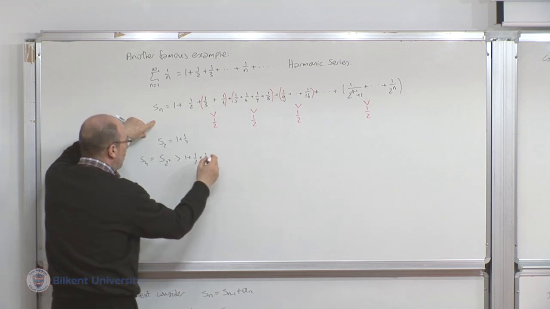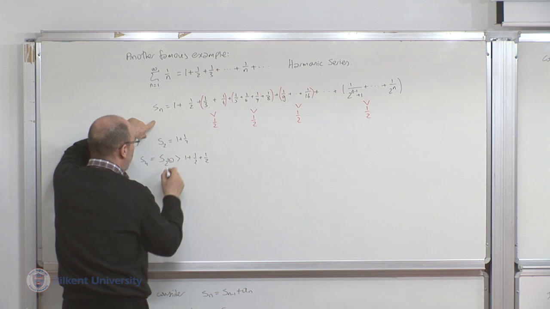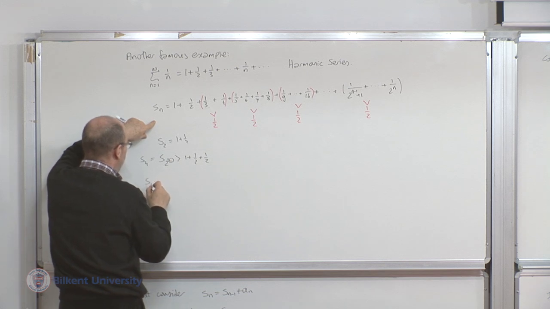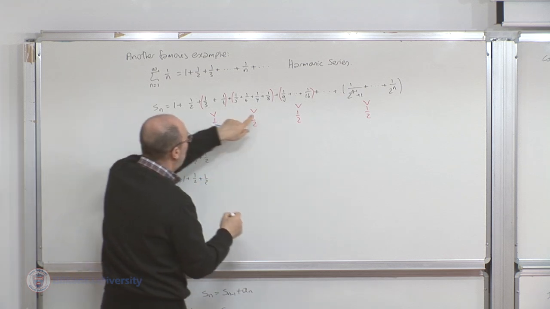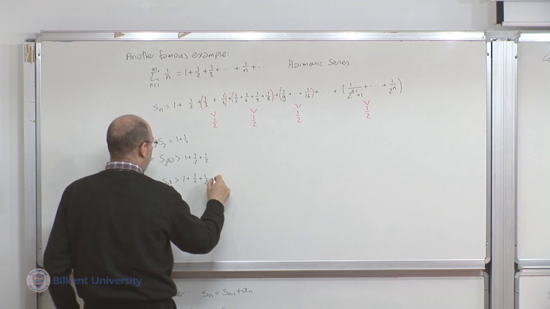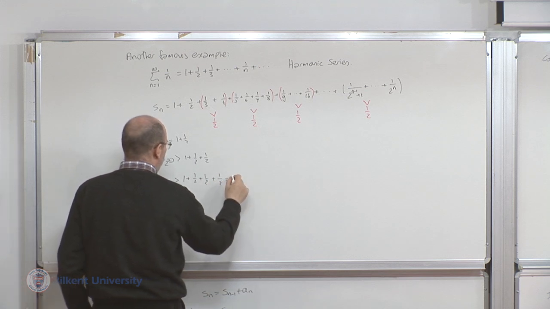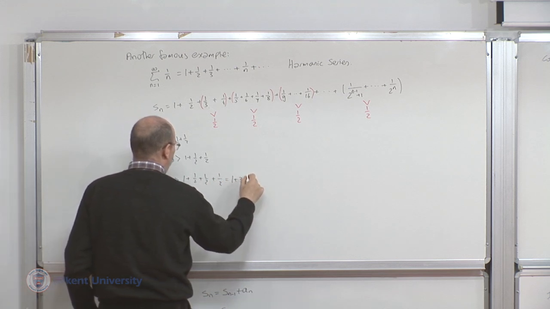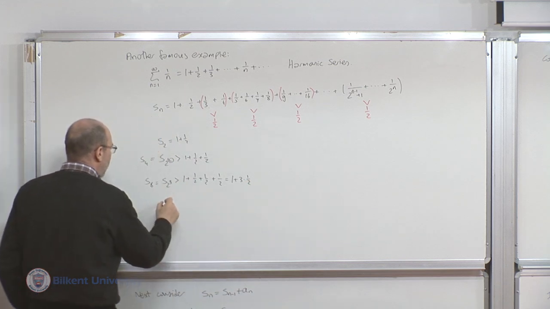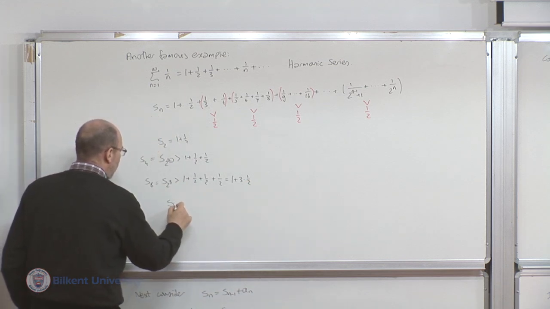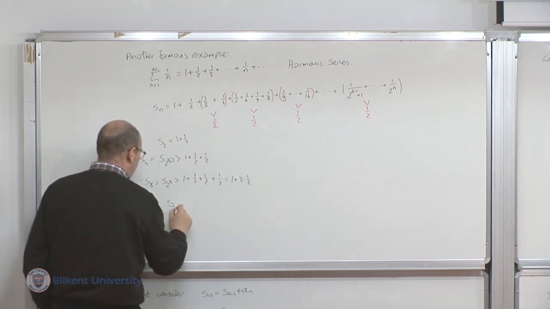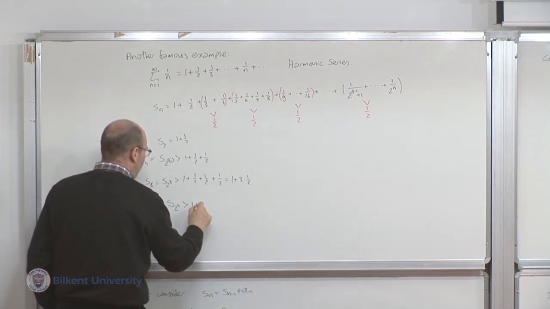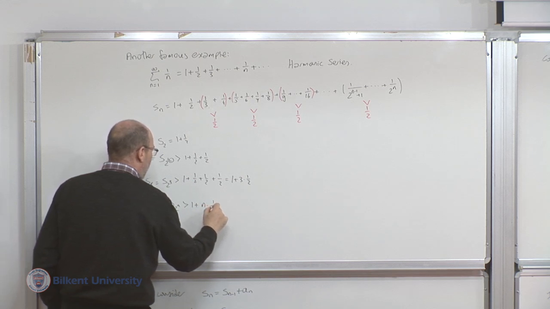How many 1 over 2's do I have? This many. So S8, S2 to the power 3, is larger than this, and I have plus 1 over 2, so this is 1 plus 3 times 1 over 2. So by induction, you can show that S2 to the power n is larger than 1 plus n times 1 over 2.